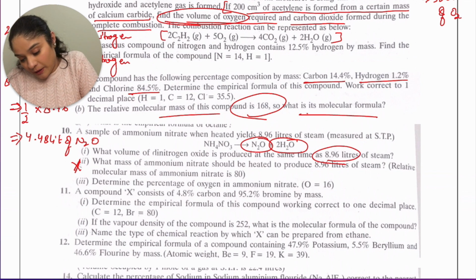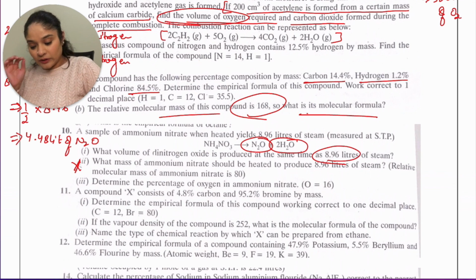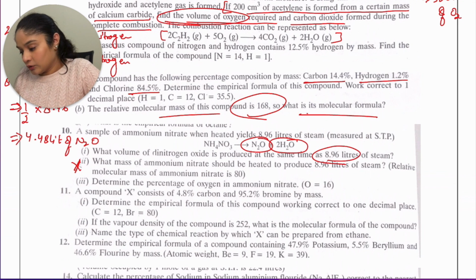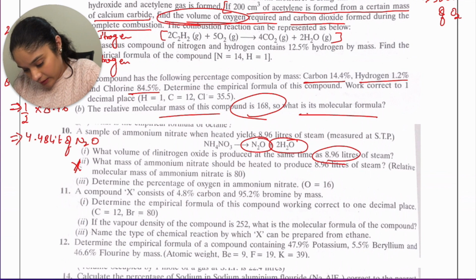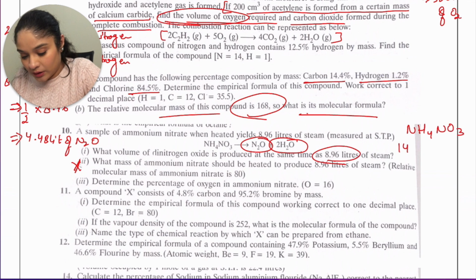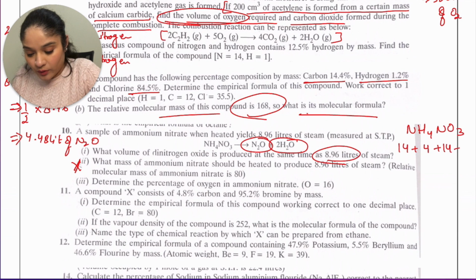Then the third part, determine the percentage of oxygen in ammonium nitrate. Okay, first of all, what is the total mass? Figure out the total mass. So I have NH4NO3. So N is 14 plus hydrogen is 4, then again 14, then 3 times 16 is 48.